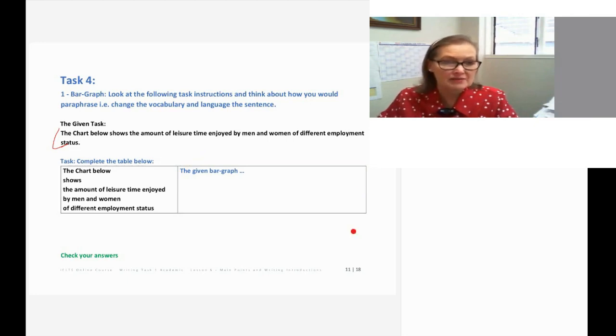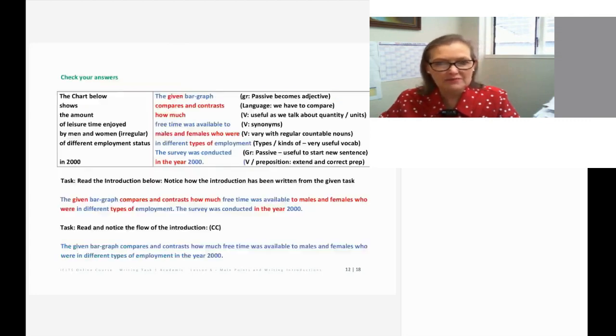They give us the chart below, and I've changed that into the given bar graph. If I use that word given, that indicates I'm using this passive, which kind of becomes my adjective, the given bar graph.